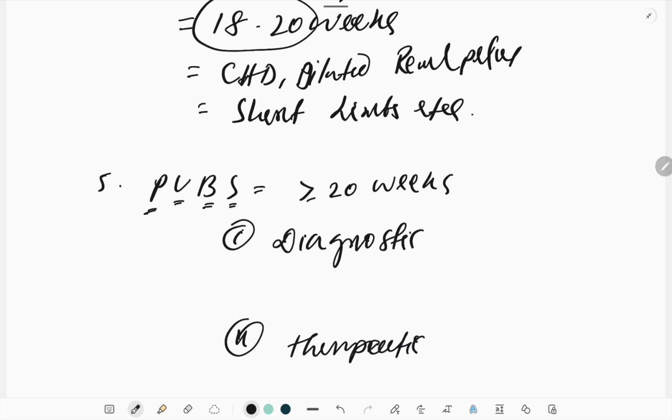Diagnostic means to collect a fetal blood sample for analysis of fetal blood gas, or fetal karyotyping if it is not done previously by chorionic villus sampling or amniocentesis.